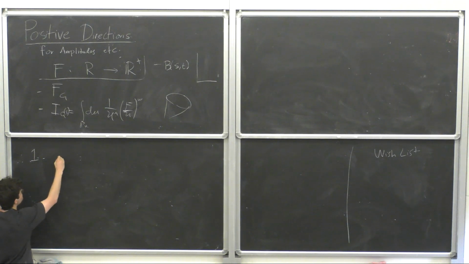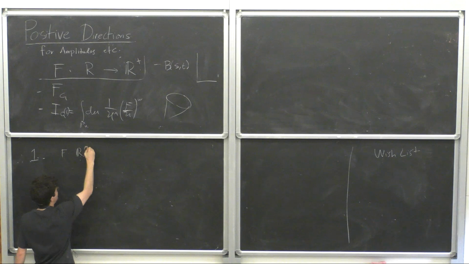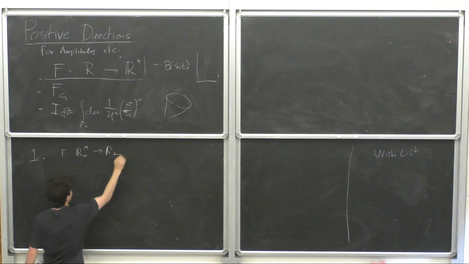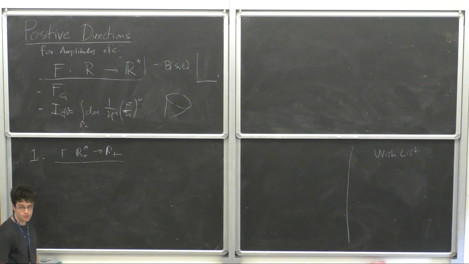And f is some rational function from R plus to the m to R plus. Then in this context, you can do optimization.